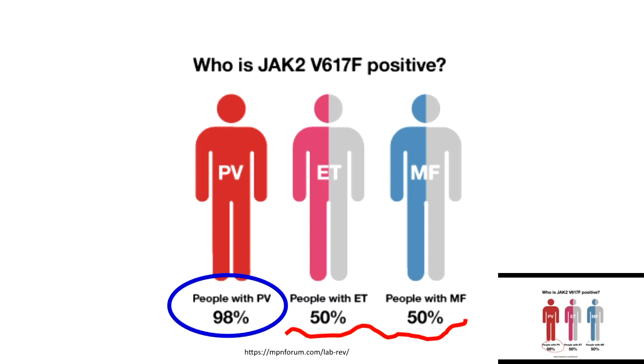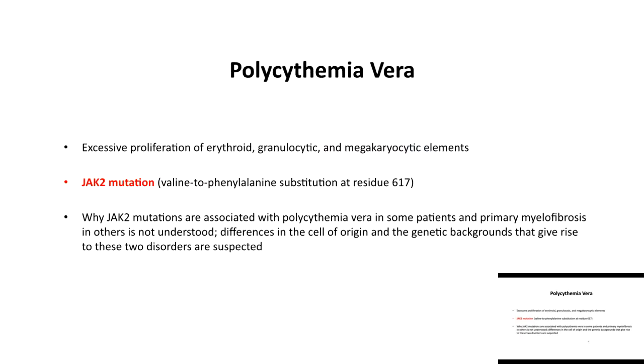Although in not as many cases, it's not very clear why there is a much closer association with polycythemia vera than with myelofibrosis. So this is another mutation that is of great interest to us. So how does this help us? Again, treatment. JAK inhibitors can be very useful in cases of polycythemia vera.